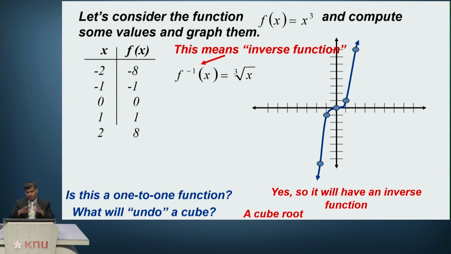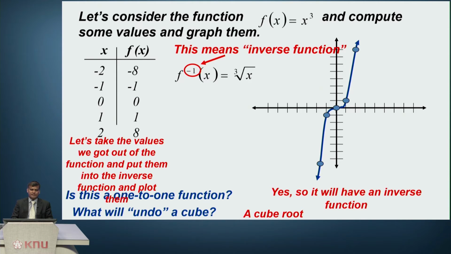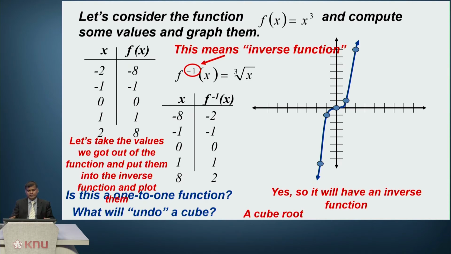So again, plot it and try to see what it looks like. Let's take the values we got out from the function and put them into the inverse function and try to plot them together. So let's plot the table first, where you have x as -8, -1, 0, 1, 8, and f inverse, that is the cube root, which yields -2, -1, 0, 1, and 2.